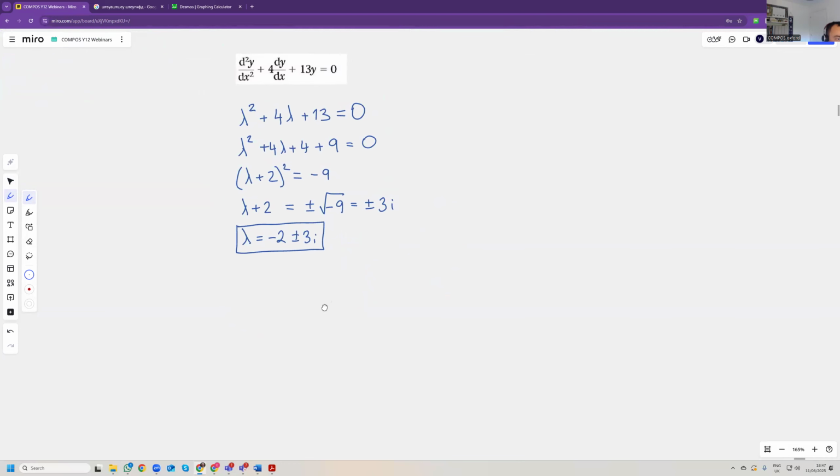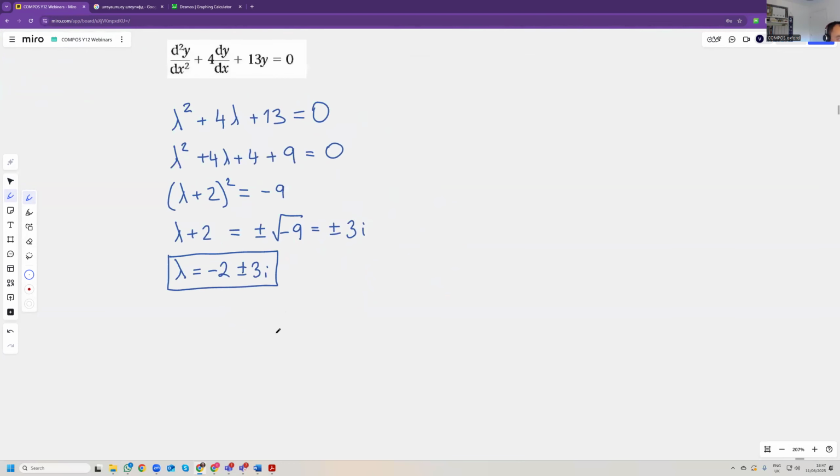So I'm going to write down the equation in the same format. It's going to be y of x is equal to a multiplied by e to the power minus 2 plus 3i, x, plus b e to the power minus 2 minus 3i, x.